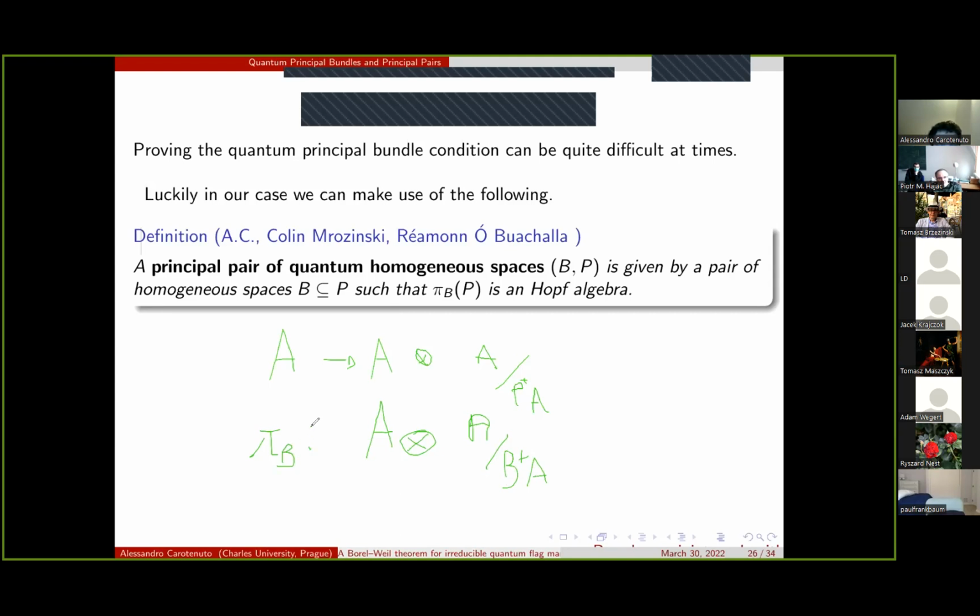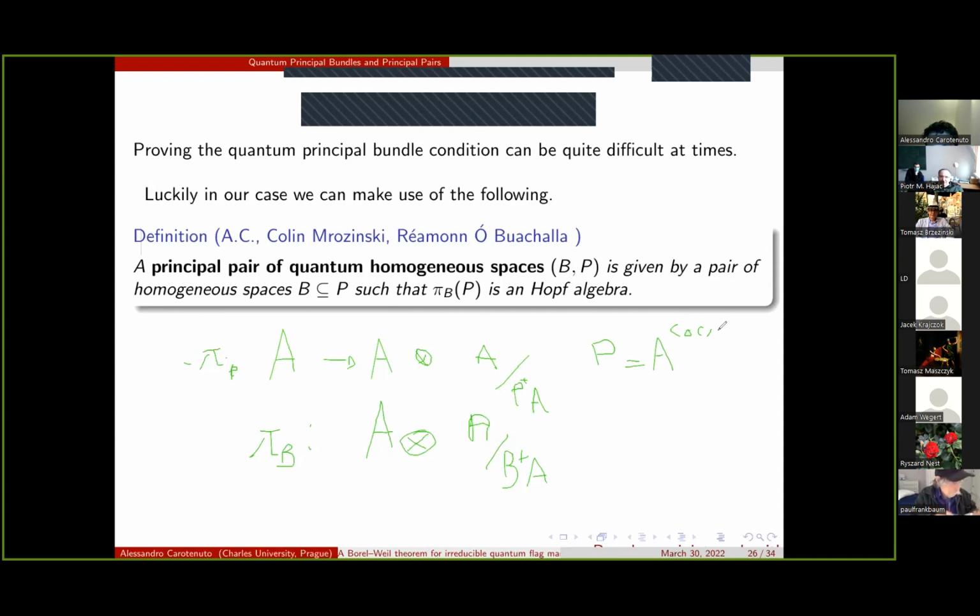Now P. But what's the domain of pi B? The domain of pi B is A. This is pi P. So P is contained in A as the space of coinvariants with respect to this.